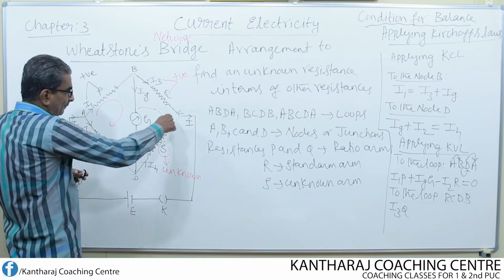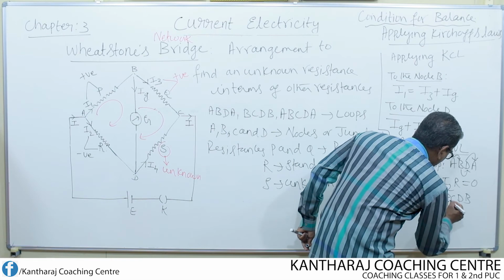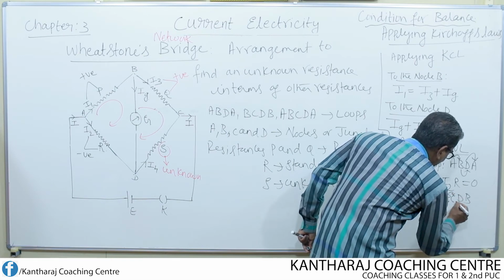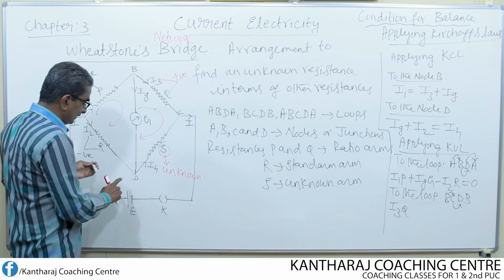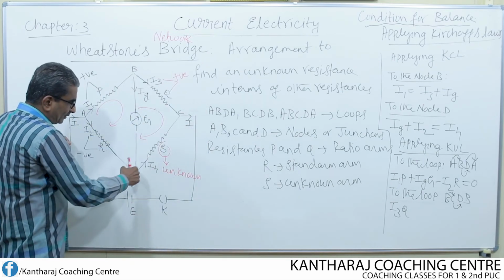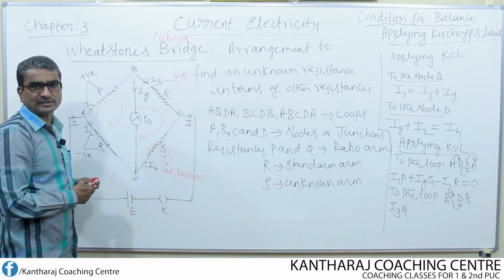Therefore, next, move from C to D. Look here. I moved from B to C, it is over. Now, move from C to D. While moving from C to D, I am traveling downwards, whereas current is flowing upwards.